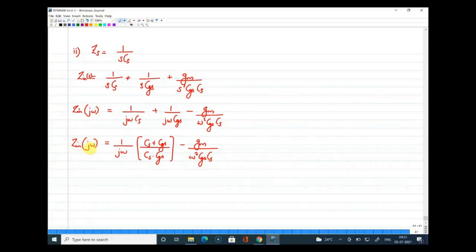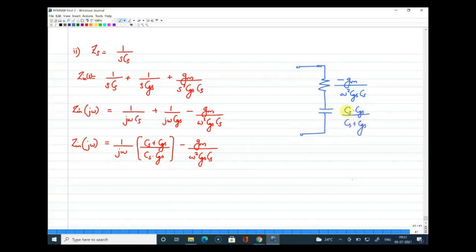Again, if you look at the input impedance in the form of its equivalent components, you can see that there is a resistance here. The resistance value is minus GM divided by omega square into CGS into CS. Along with that, you have a capacitance, and the equivalent capacitance value is the reciprocal of CS plus CGS divided by CS into CGS.